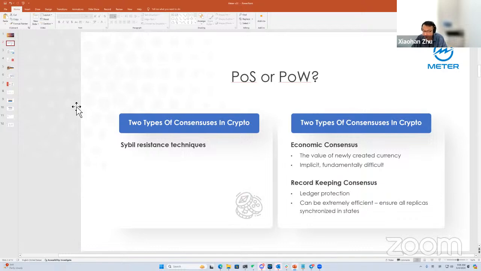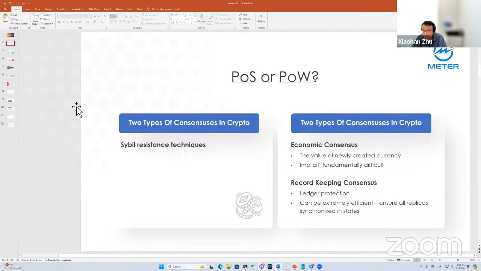In such a competitive environment, at the end of the day, the marginal revenue for the miners will equal their marginal cost. That means from the miner's perspective, the revenue or gain they could get from the proof of work activity is similar to their opportunity cost, their equipment cost, plus their operation cost.